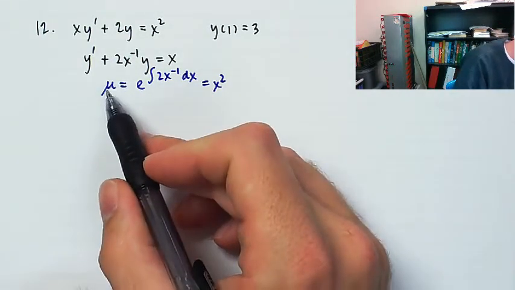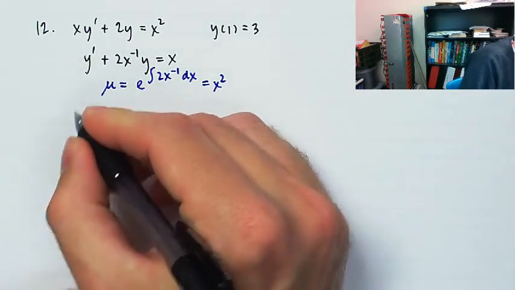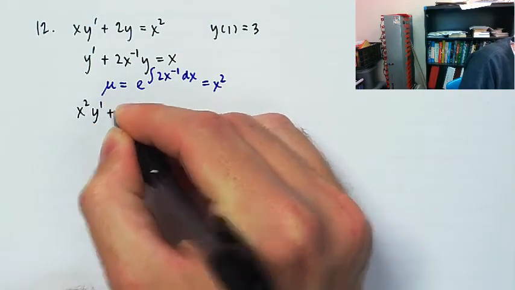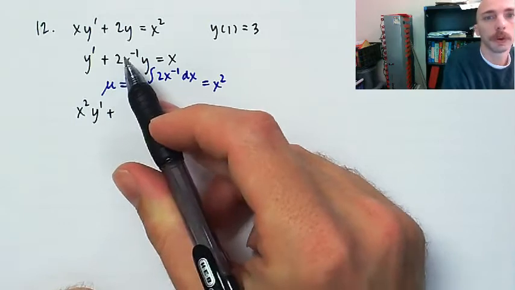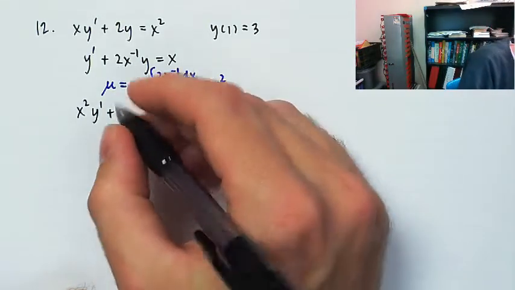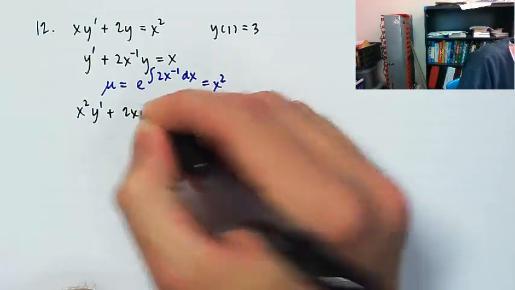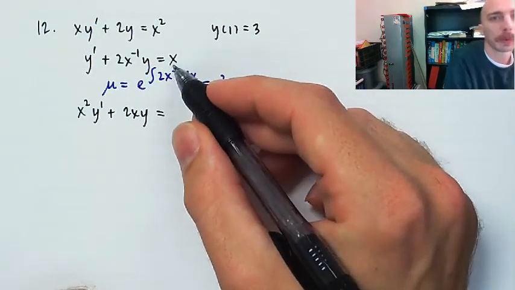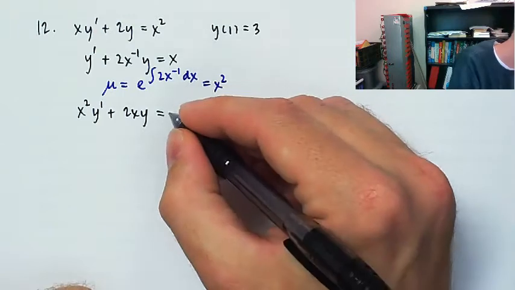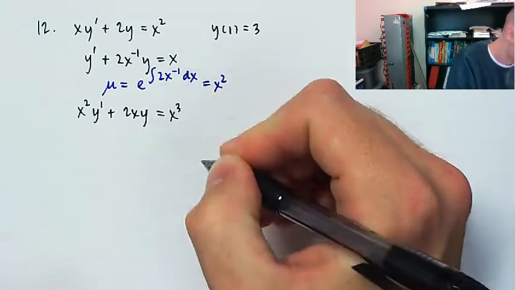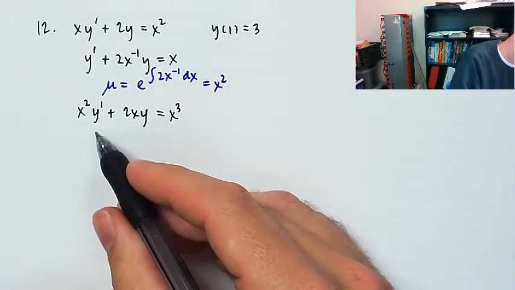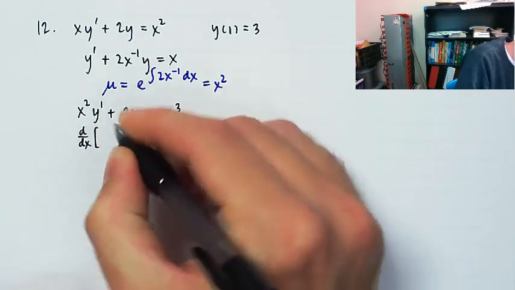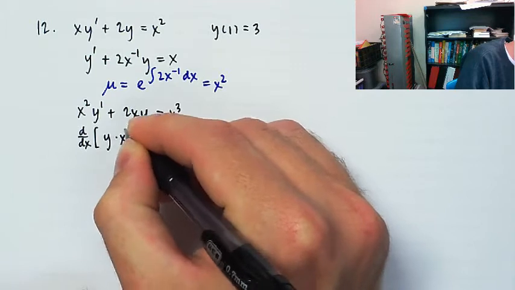Meaning that I'm going to have x squared y prime plus x squared times 2x to the negative 1. Well, that'll just be 2x to the positive 1. Okay, good. That looks like a derivative after the product rule. If I distribute in x squared onto that x, I'll have x to the 3. Then I'm going to say, hey, this is the derivative with respect to x of y times x squared.